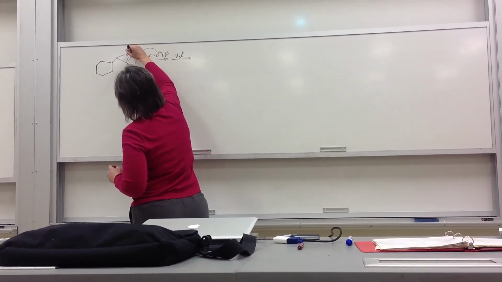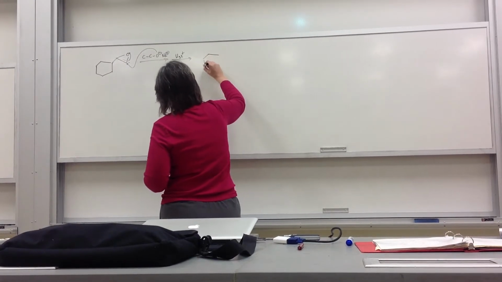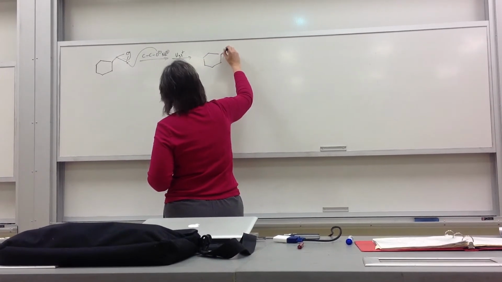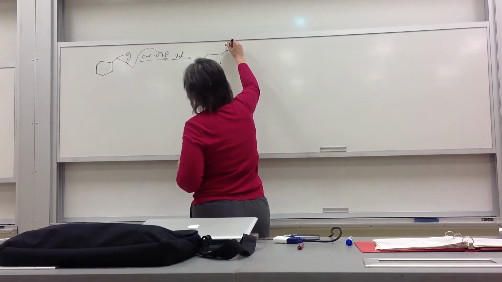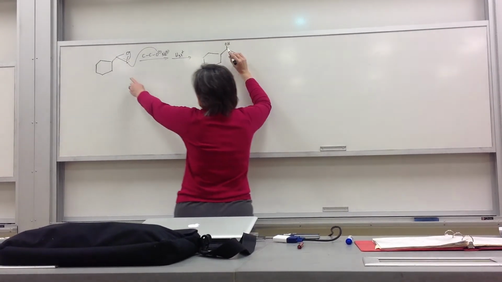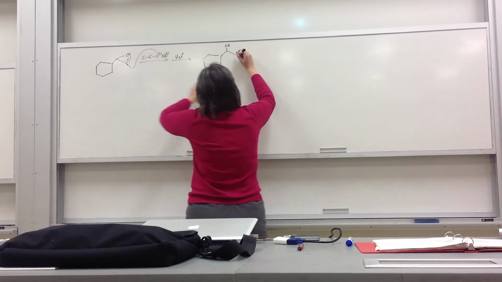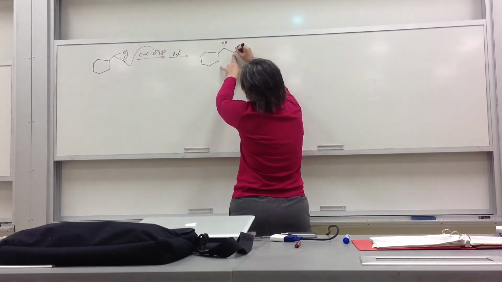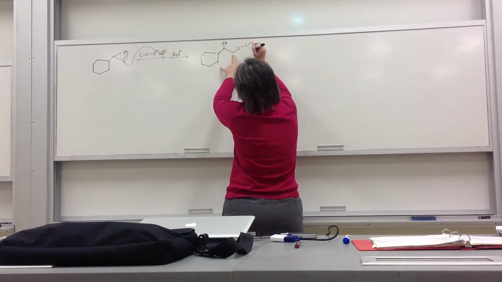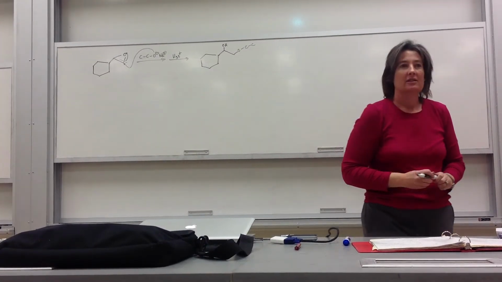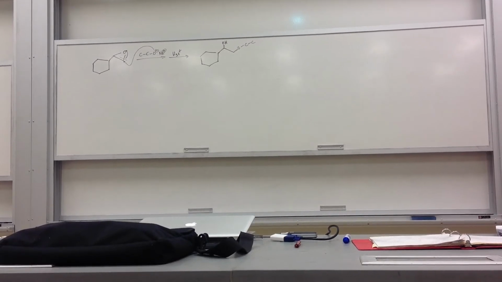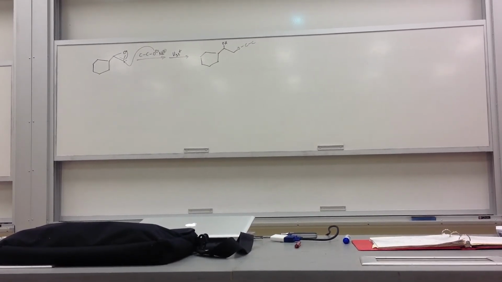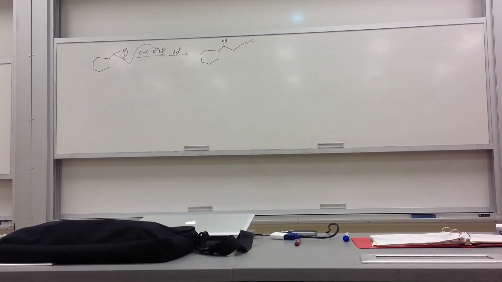We will open up, and my product will look like this. I'll have OH on this first carbon, I'll put cyclohexane, and then attached to that second carbon will be OCC. Okay? That's just another illustration of just a plain nucleophile attacking.